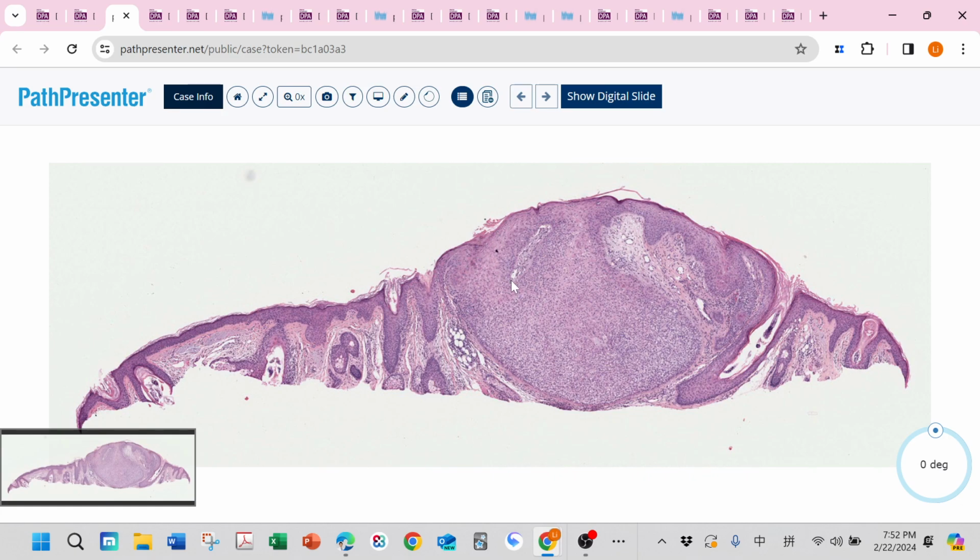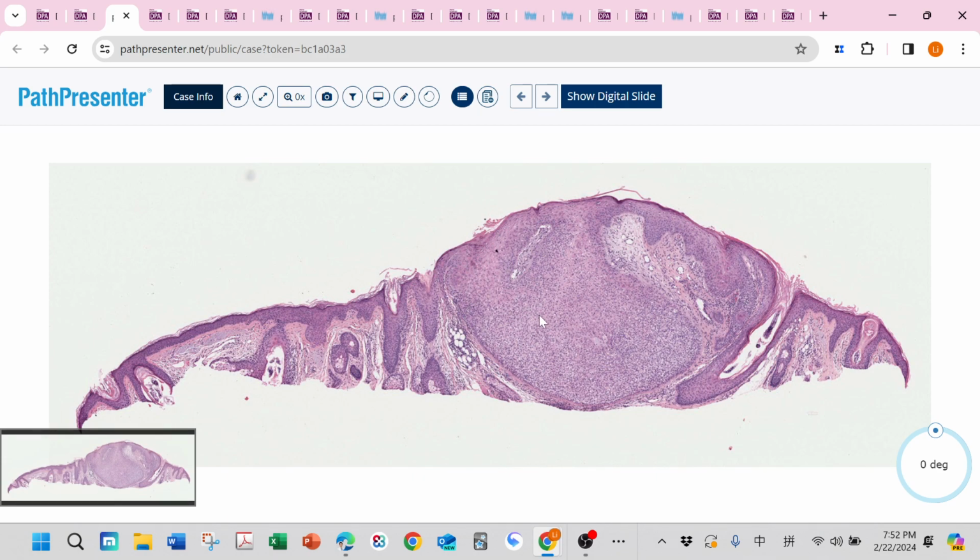This one is trichilemmoma. In low power, you may think, oh, really similar to the poroma, but here you can see a little bit of difference. First, it is kind of warty looking, so the clinician usually submits this sample with a differential such as verruca vulgaris.